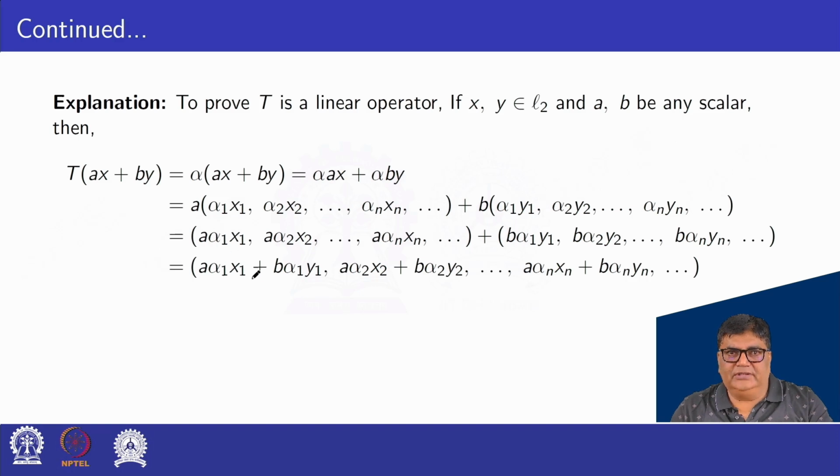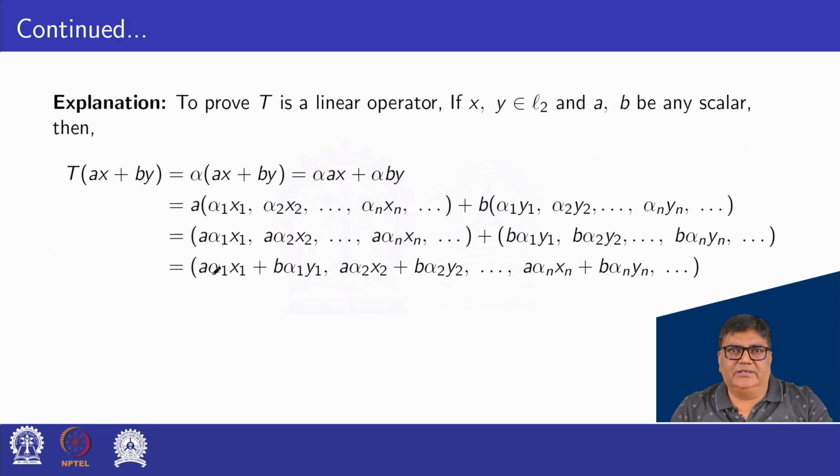So this can be written as one infinite dimensional vector: a alpha 1 x1 plus b alpha 1 y1, second term a alpha 2 x2 plus b alpha 2 y2, and so on.